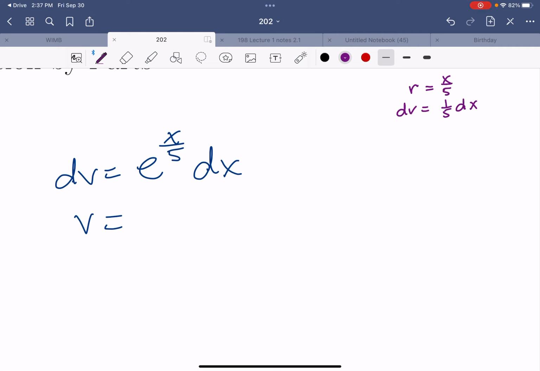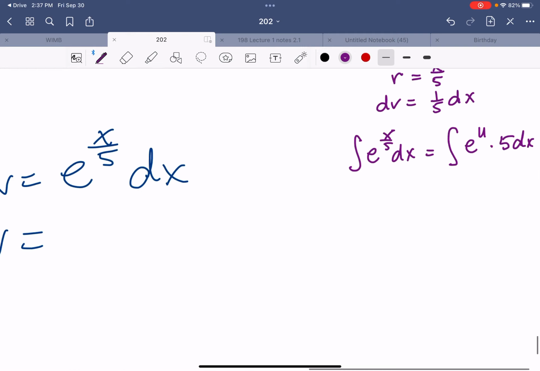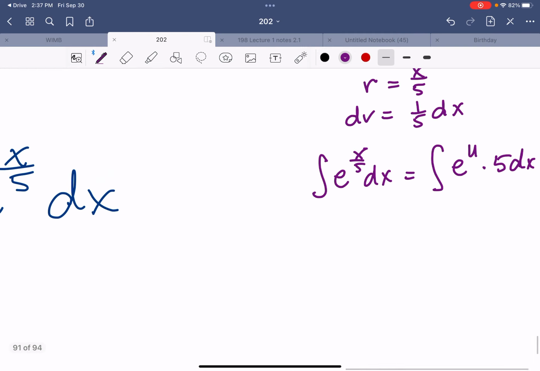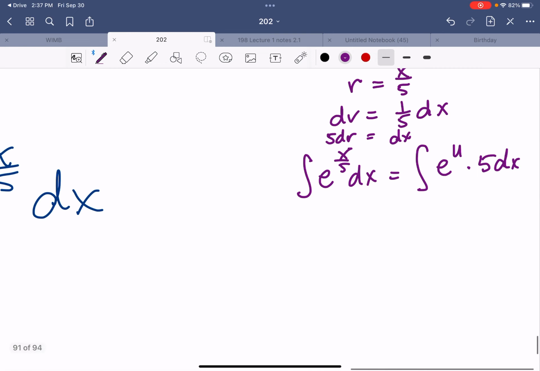So then if I'm taking the antiderivative of e to the x over 5, then that is the integral of e to the u times 5 dx, right? Because what I'm going to do in here is multiply both sides by 5. So this is 5 dr. And so this should be 5 dr, not 5 dx.